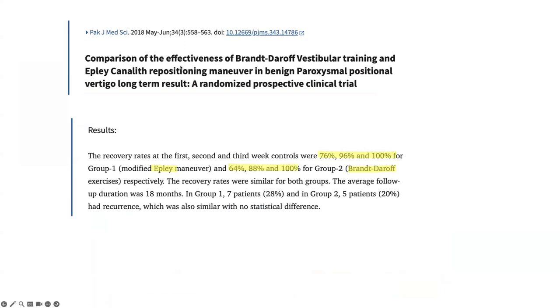So if we go to 2018, comparing Brandt-Daroff to the modified Epley, recovery rates after 1, 2, and 3 weeks: 76 up to 100 for Epley and 64 to 100 for Brandt-Daroff. So this particular study said that there was no difference in the long term, which is interesting.